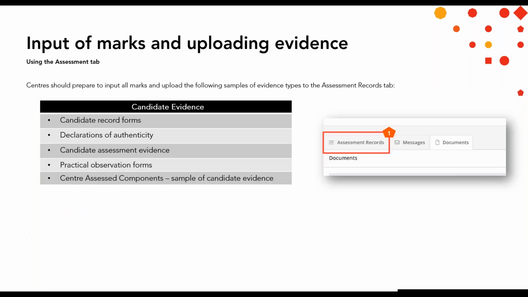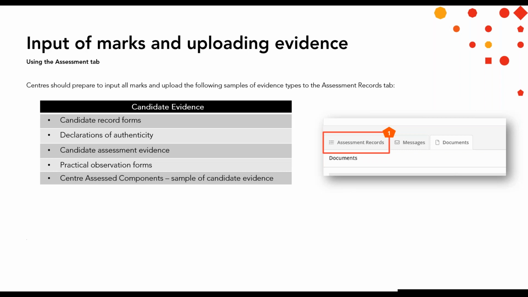In terms of uploading the evidence for a candidate, don't forget that it's not just the evidence from that assignment, such as the work the student has completed or the photos. It also covers the candidate record form per candidate that you upload within that sample.